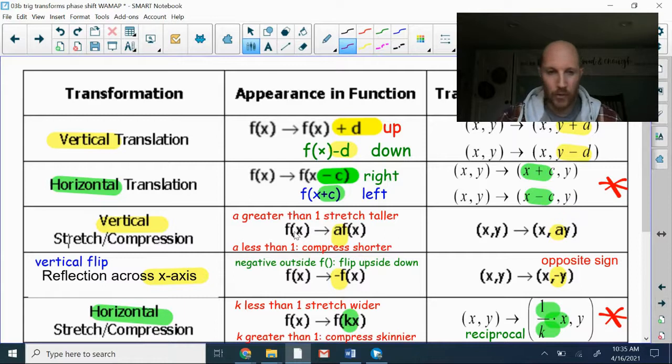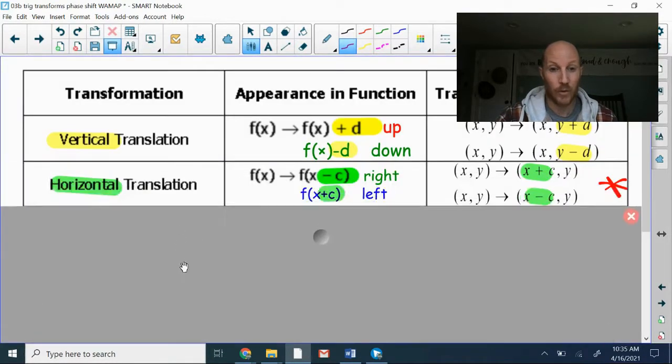So we have transformations, which we've learned about in the past, that apply to all functions. We've already looked at the vertical transformations, and so today we're going to start looking at the horizontal translation. This horizontal translation is actually the only one that we will look at today.